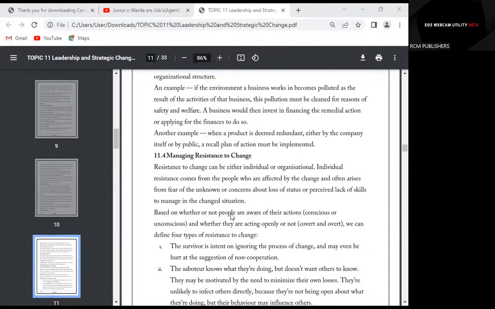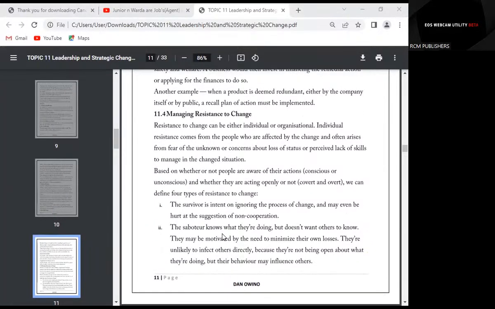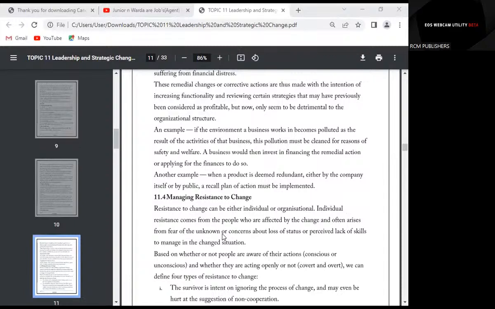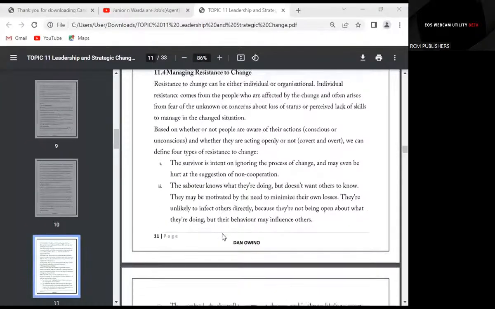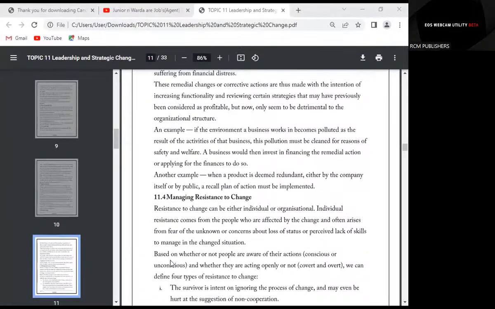In this area, we need to ask ourselves the reasons for resistance, then the ways of managing resistance, then maybe the strategies that managers can employ to manage resistance to change. We shall go through this one because it is very important for us.